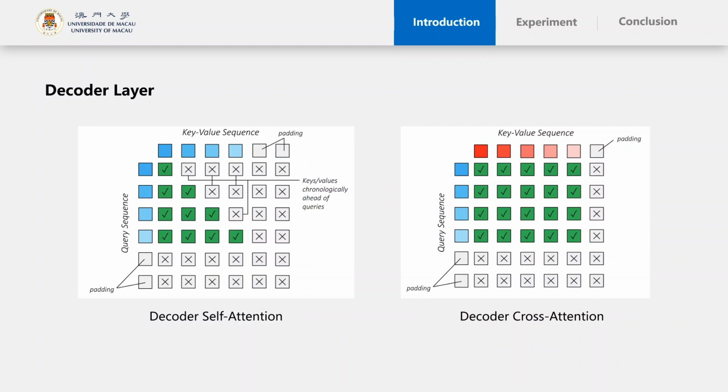Then is the decoder layer. The decoder layer has two attention layers. First is the self-attention, which is different from the encoder layer. Why is it different?